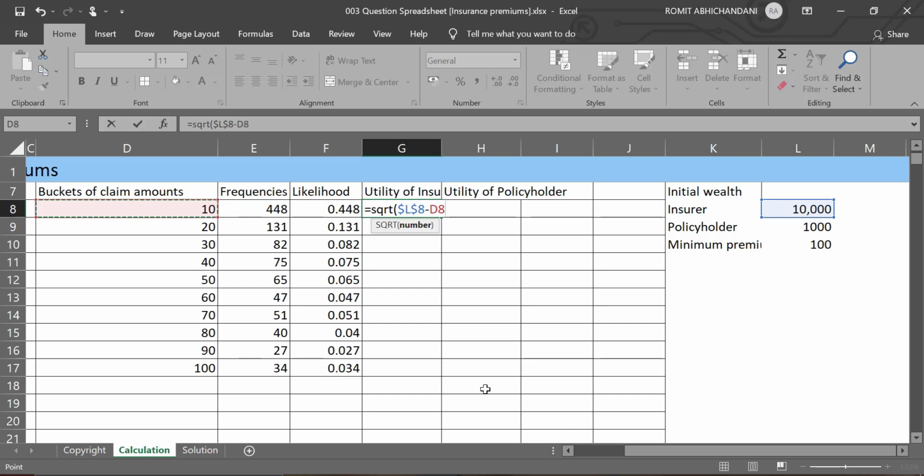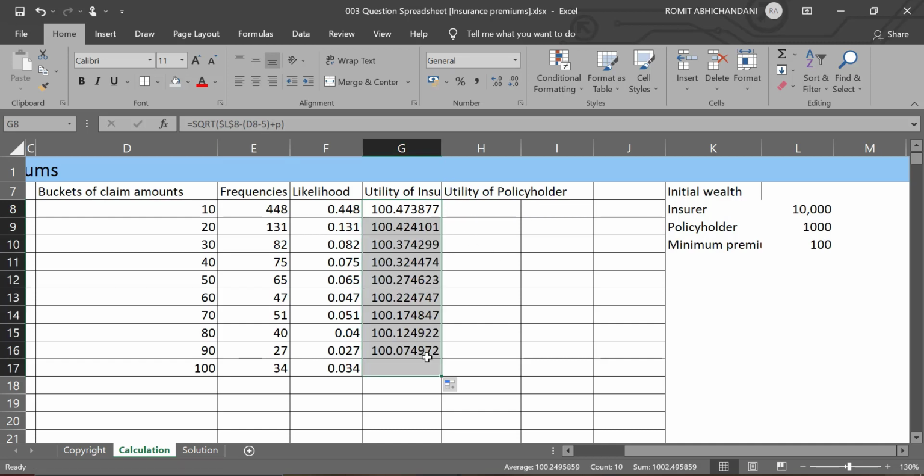So the claim amount will be equal to 5, which is D8 minus 5. That's your claim amount, and finally plus the premium that they'll receive. The premium will be equal to 100, so we are calling it P, and that's the insurer's utility. I can just drag it down for the rest of them. And what about the policy holder?